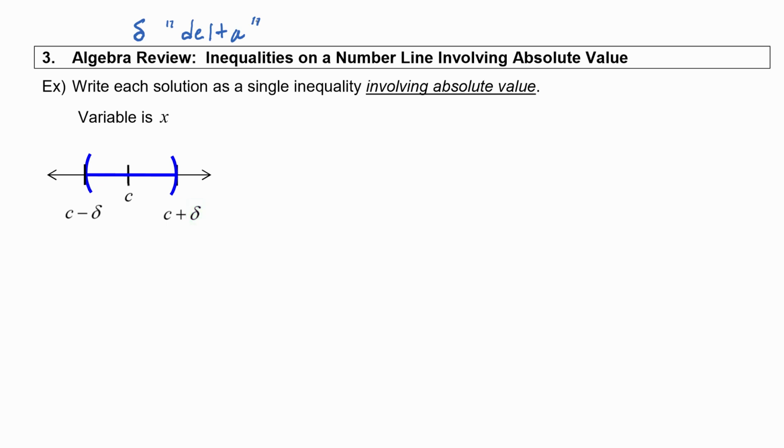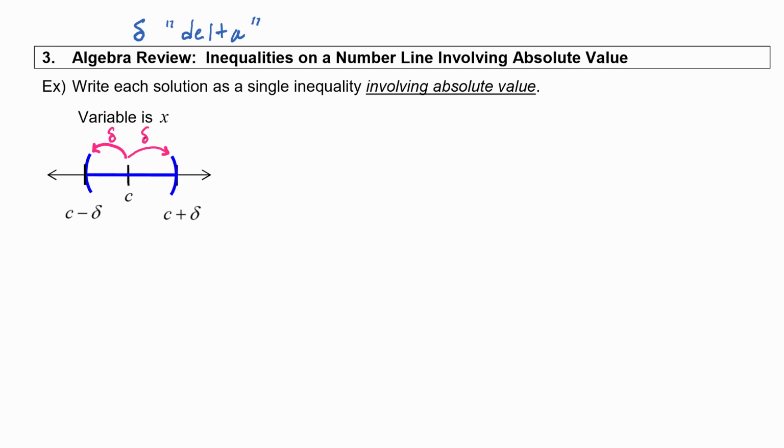So in this diagram, we have an x value of c, and we go out to the right to c plus delta, and back to the left to c minus delta. That tells us that the distance here is delta, the distance here is delta.